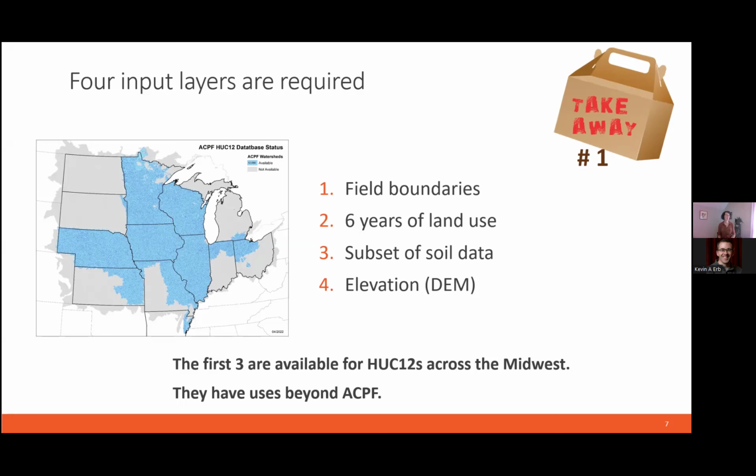And the cool thing about these is these layers have a lot of applications beyond ACPF. So we encourage you to find other ways to use these particular data sets that have been prepared. If you don't have them, there are utilities in the ACPF to help build those. So you can still develop that, but it'll take a little bit more effort.